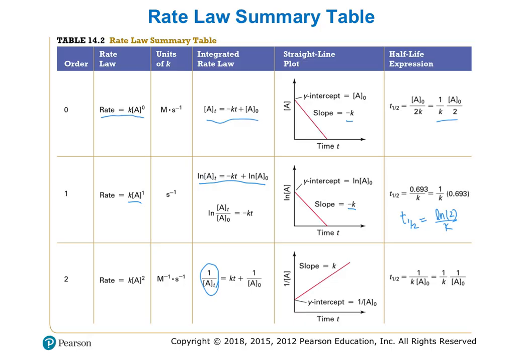So when we do inverse of the concentration versus time, our slope is equal to K, and our half-life is equal to 1 over K times my initial concentration.